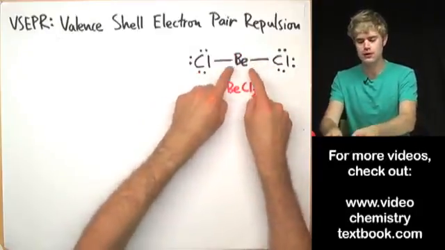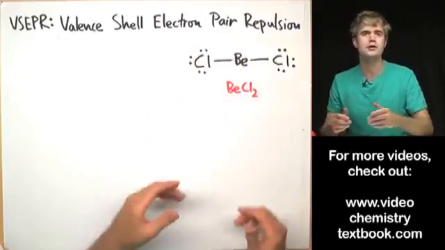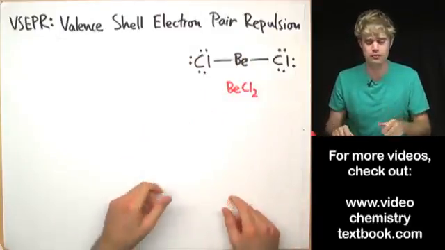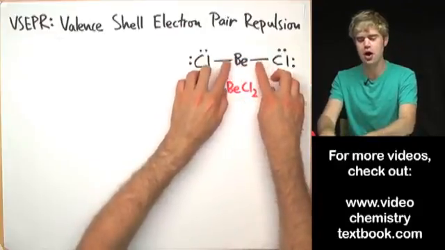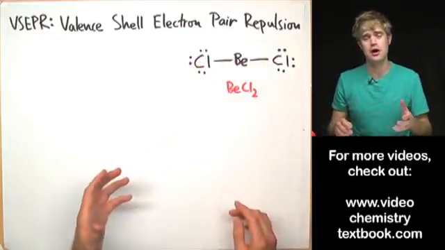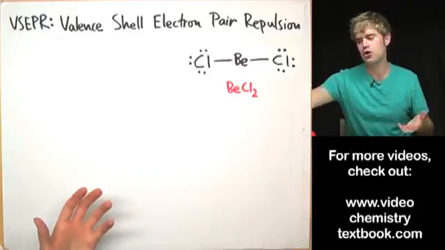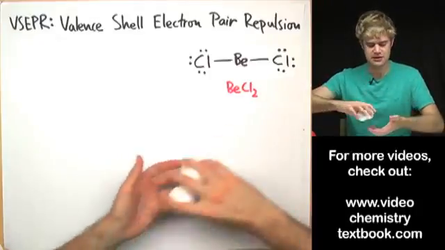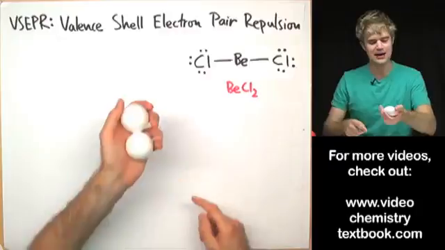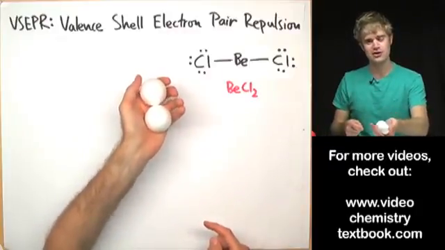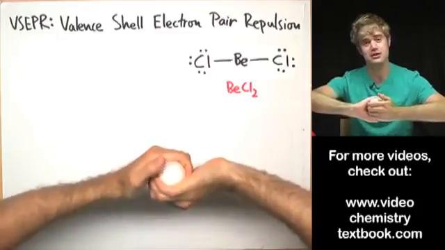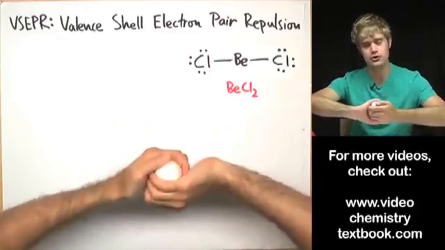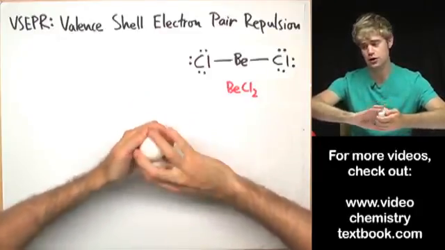So in beryllium dichloride, where are these valence shell electrons that want to push away from each other? Well, the valence shell electrons are in these bonds. I've often said that you can think about covalent bonds as if they're hands from the atoms, with electron pairs, and these hands are connected because they're both holding on, they're both sharing this pair of electrons.